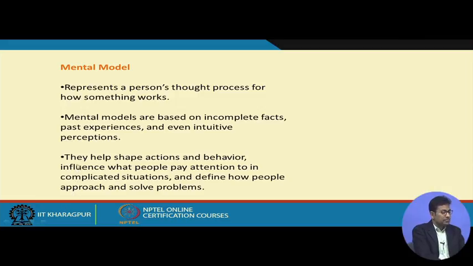And how does it help? Mental models help shape actions and behavior, influence what people pay attention to in complicated situations, and define how people approach and solve problems. Now, it is important to understand why a mental model is in place. In the last class, when we were talking about Gestalt, we put forward the fact that the mind doesn't really want to spend too much time on solving a problem.